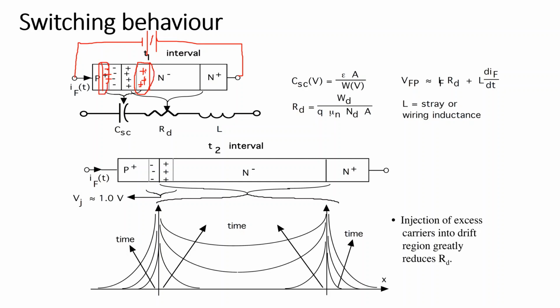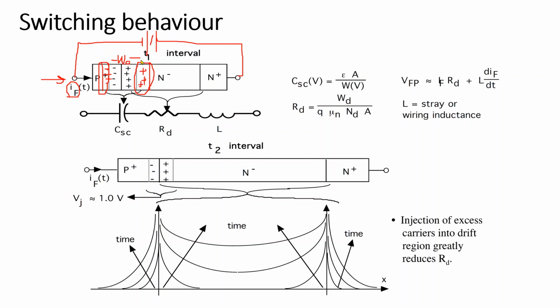So these charges will be removed when the forward current flows, and first the depletion region width goes to W naught again, and then as current keeps on flowing, this width of depletion region reduces further.